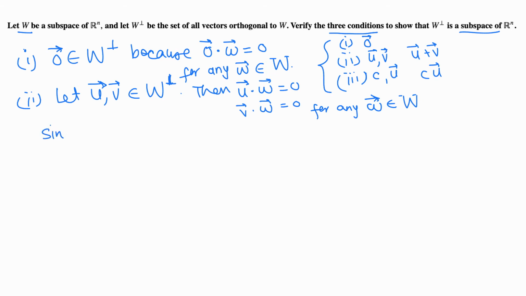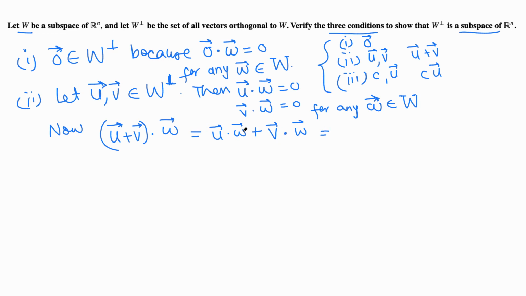So now let me write down u plus v. To show u plus v is also in W perp, we take its product with a generic element w of vector space W, and we know that this inner product is distributive, so u dot w plus v dot w.